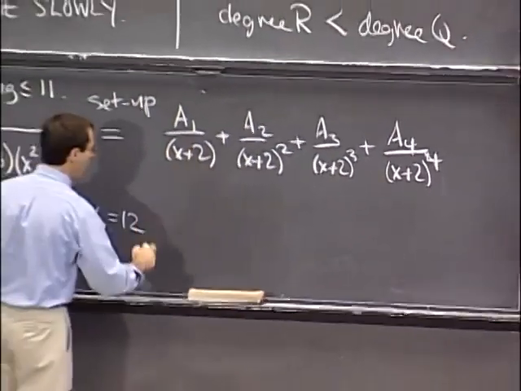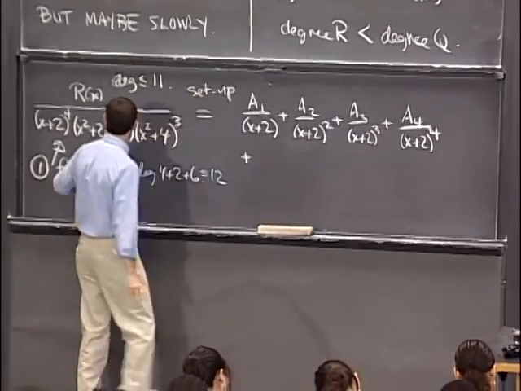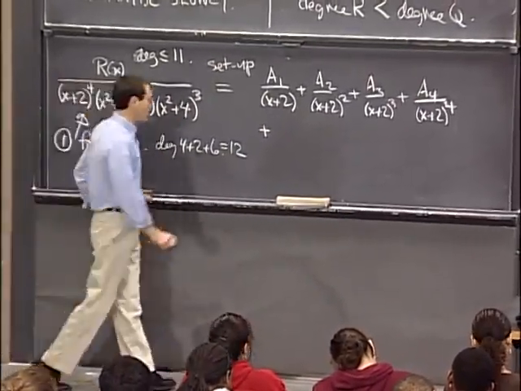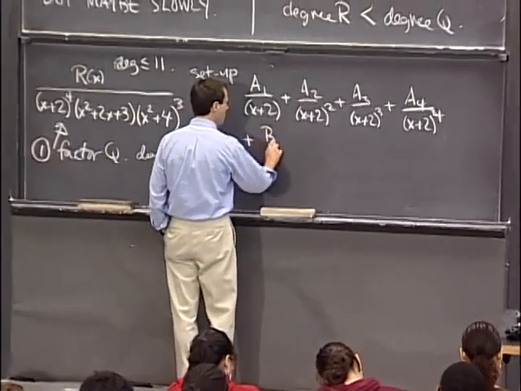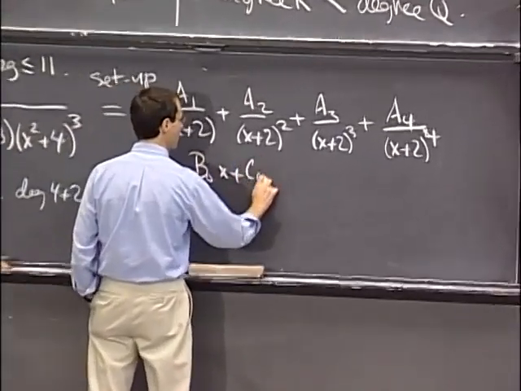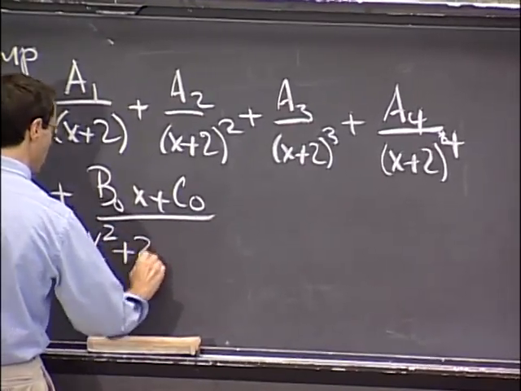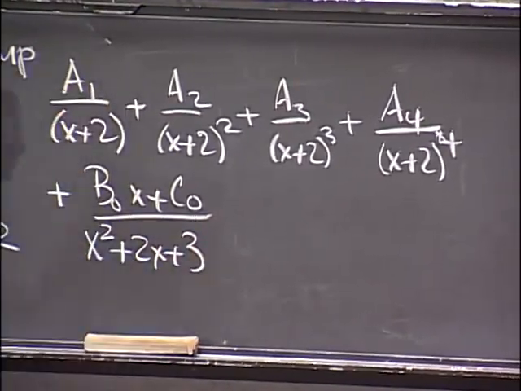So you have 4 constants to take care of. Now, with a quadratic in the denominator, you need a linear function in the numerator. So that's, if you like, b0x plus c0 divided by this quadratic term here. Okay?